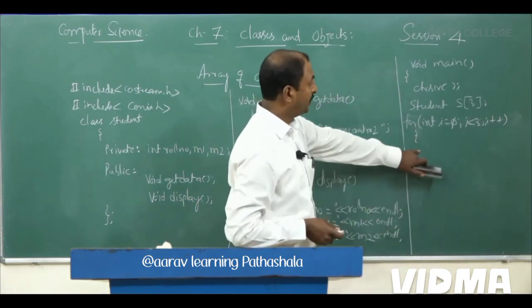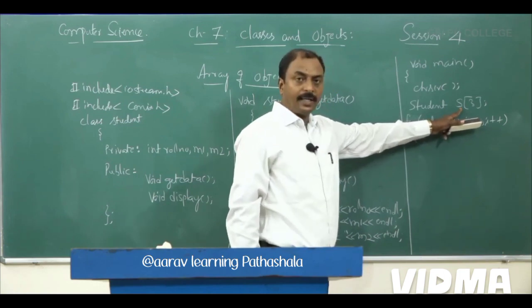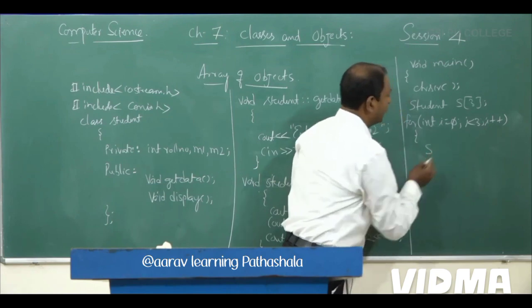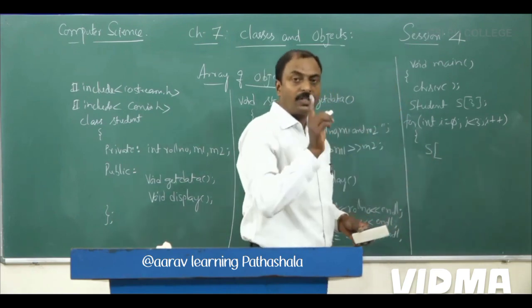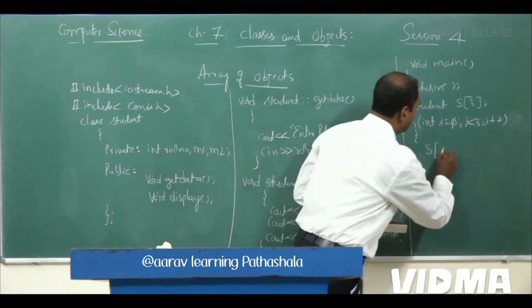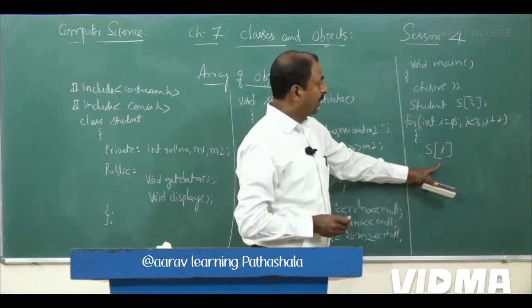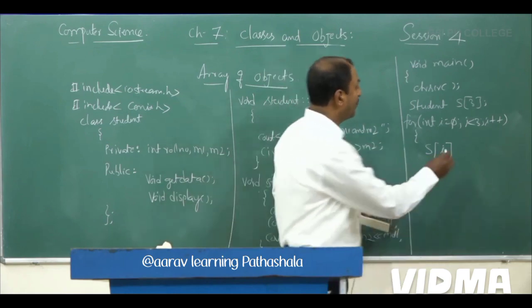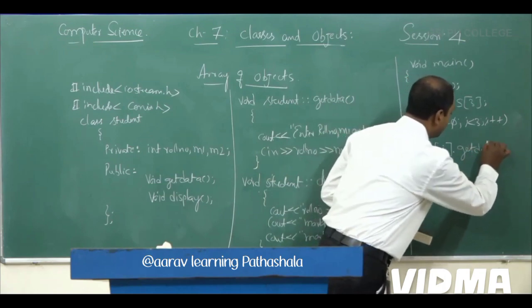How do we call the function? Here the name of the array is S, and the first index starts with 0. So we say S of i. S is the name of the array, i is the index. So here, dot getdata.